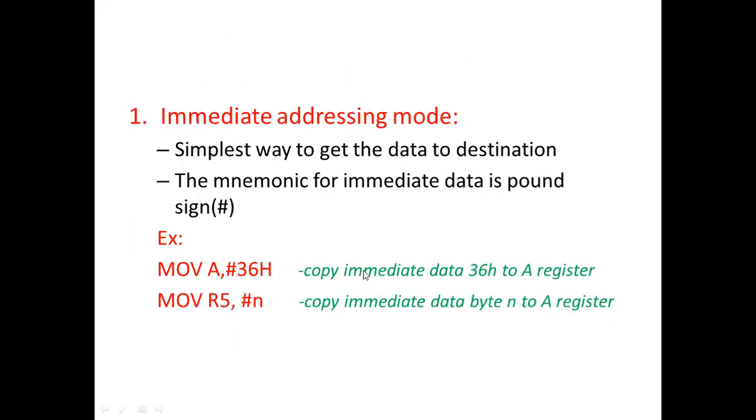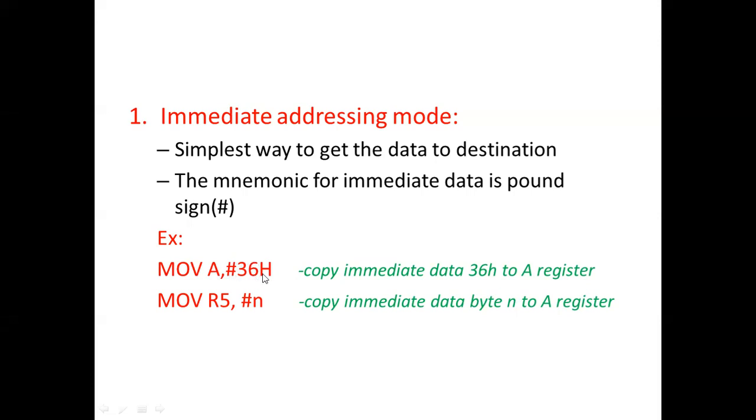The immediate addressing mode, as you all know, is the simplest way of getting data to the destination. The symbol used for representing the immediate addressing mode is the hash sign, also called the pound sign. An example is MOV A, #36H, where the hash represents immediate data.